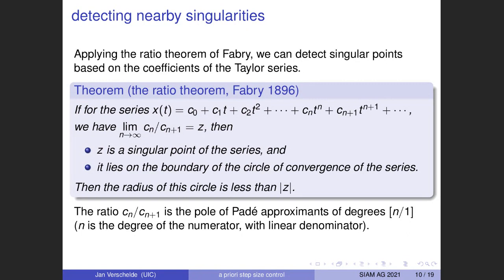That pole will be equal to the ratio. So where the Padé approximant is not defined, obviously when there is a nearby solution at infinity, but what Fabry says is more general. Solutions at infinity and singular solutions in this context are equally difficult to treat.